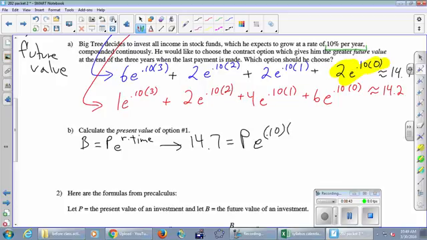And then the time from the start of this experiment until the 14.7 million is 3 years. And that's an equation we can solve for P. So maybe somebody can type in the solution there, and the rest of us can write the other equation for the other present value.